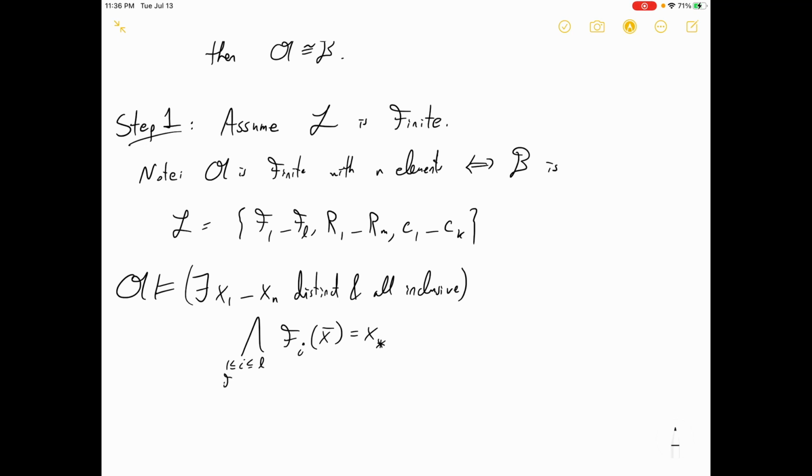And that's whenever fi of x bar actually is equal to x star in the model A. So whenever A actually has a function that says that x bar gets mapped to x star, you write that as a sentence. And there's finitely many functions, so you can write this down as finitely many sentences conjoined together.